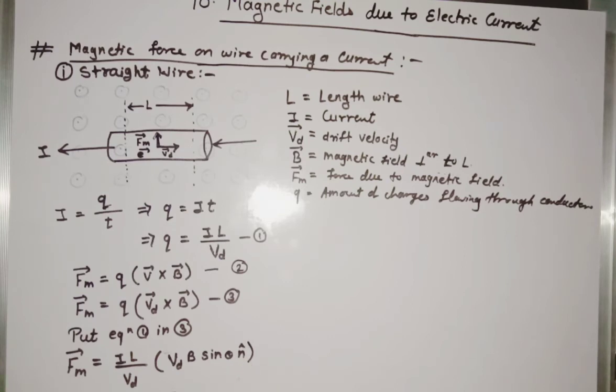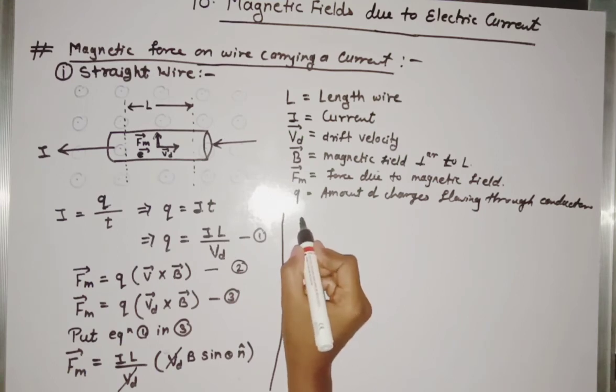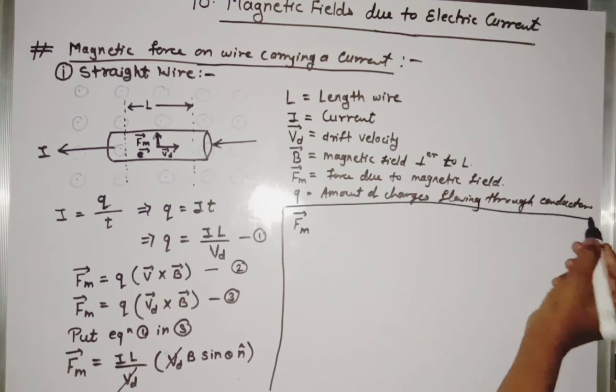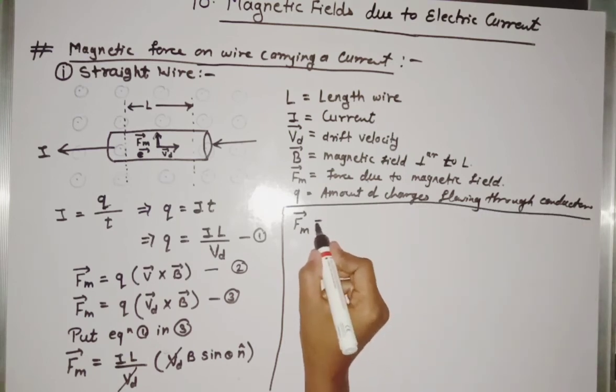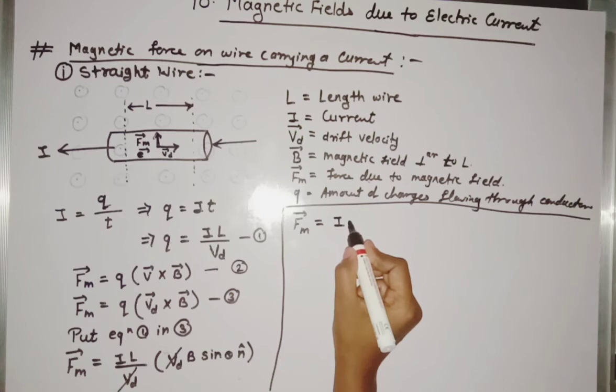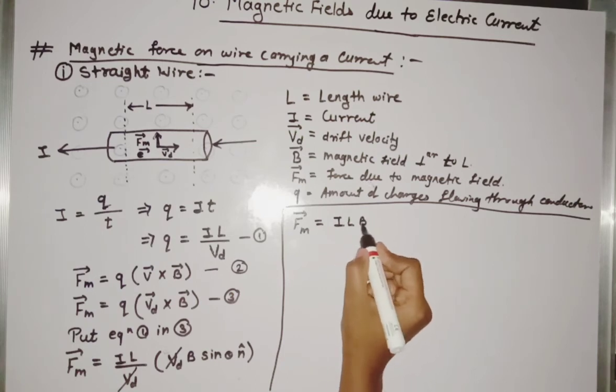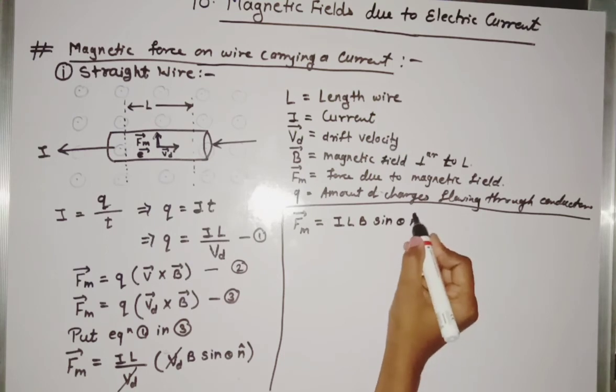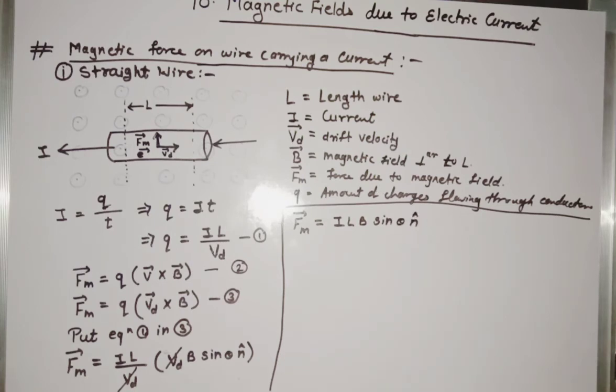Now if you look into this equation, we are able to cancel this drift velocity V suffix D. So what I will have is the equation vector F suffix M equal to I L B sine of theta into n cap. What is n cap?